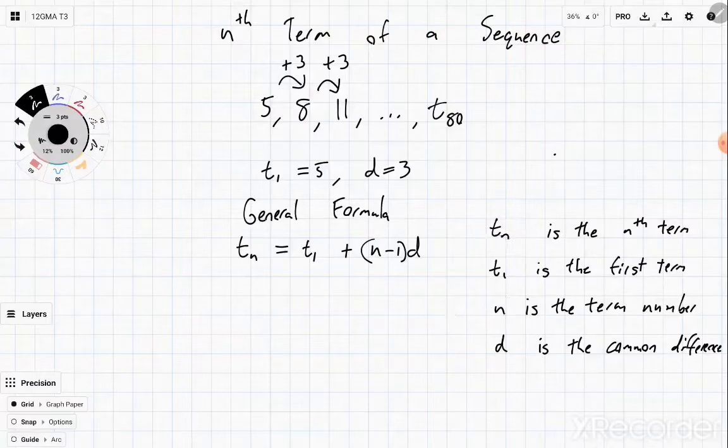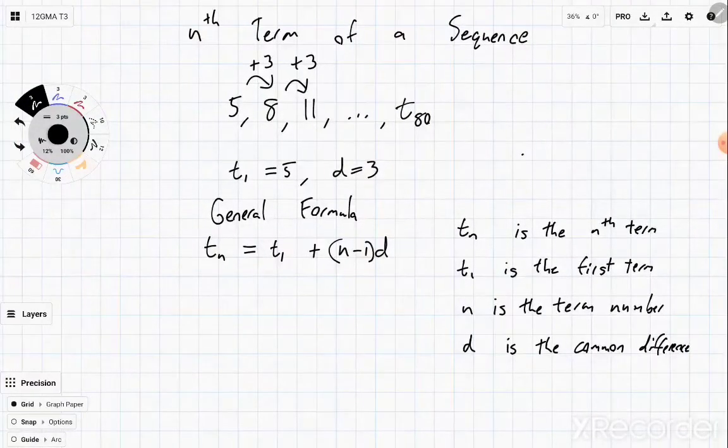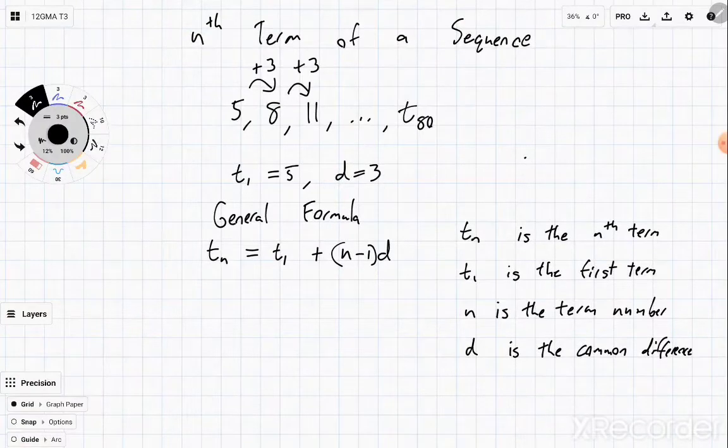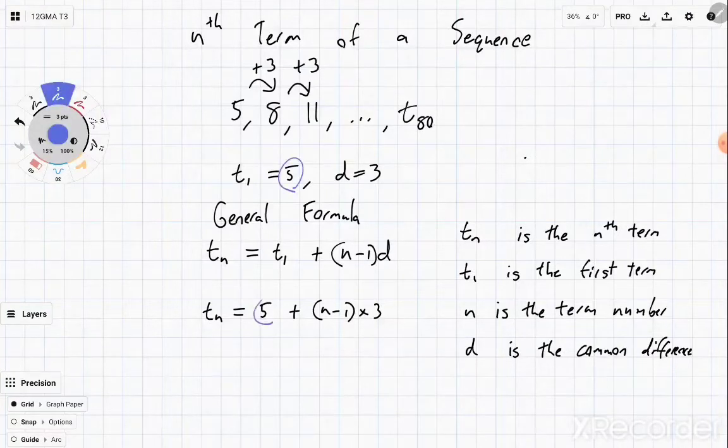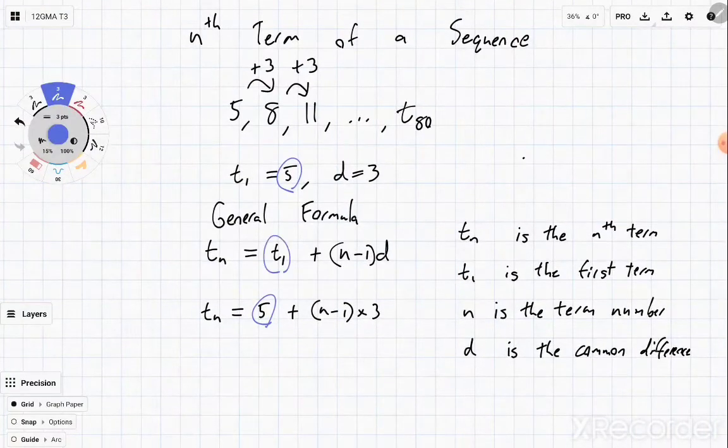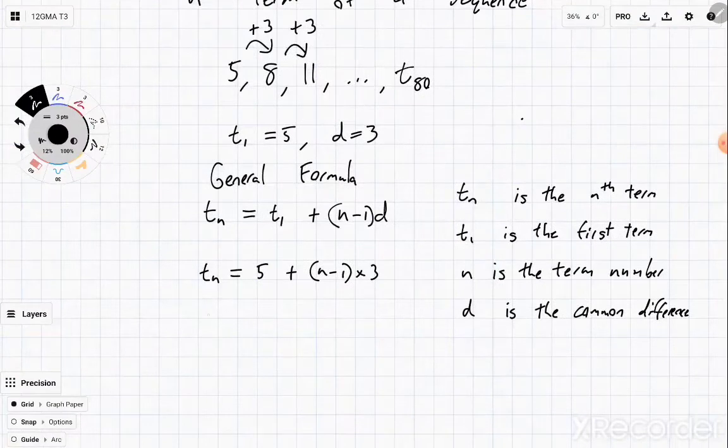So for this one up here, let's use the general rule. So we know T1 equals 5 and we know d equals 3. So we would get Tn is equal to 5 plus (n minus 1) times 3. Alrighty, so we've just substituted in T1 and we've substituted in d. Now let's simplify this because we've got those annoying brackets on the right.